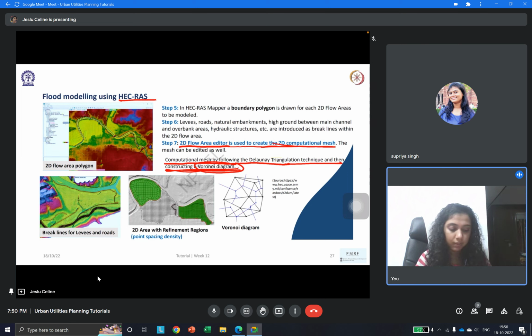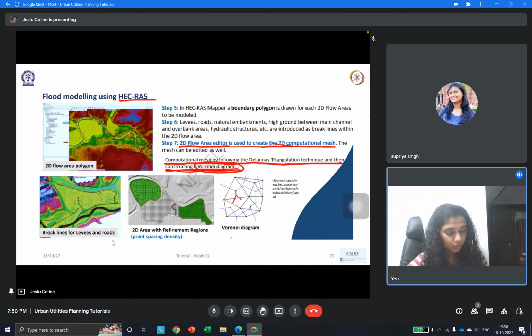We discussed this with rain gauges and also for catchments, to get the catchment area, or the imaginary boundary of it. For that we use a Voronoi diagram. So from this point it flows here, then it flows here. How does that flow happen? This is the Voronoi diagram.